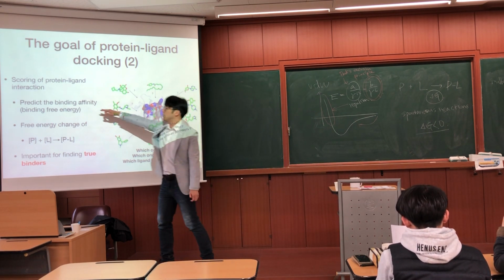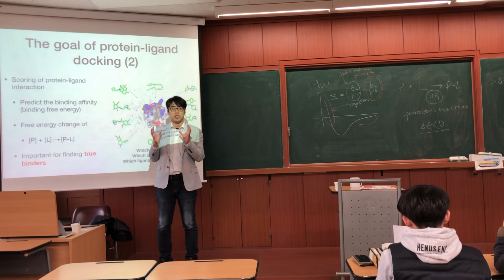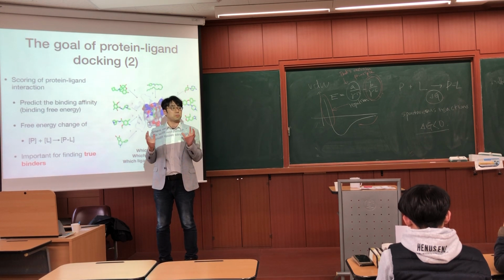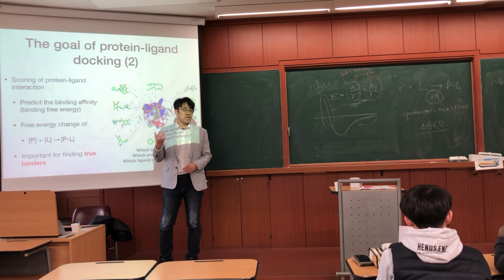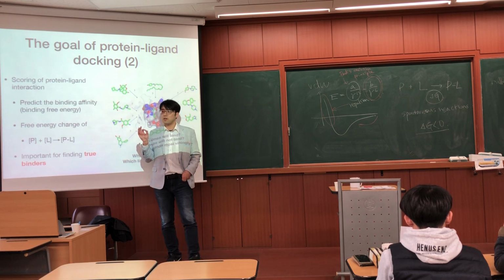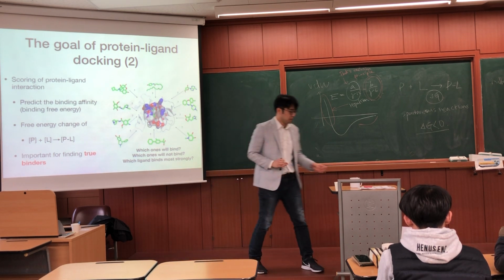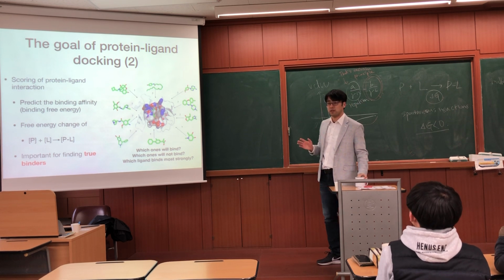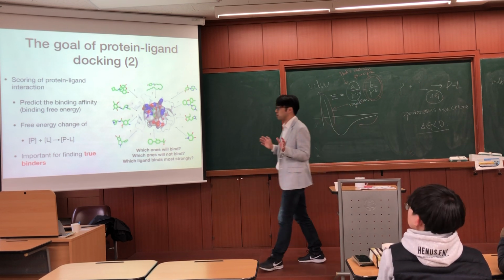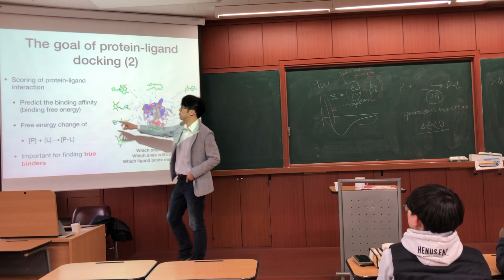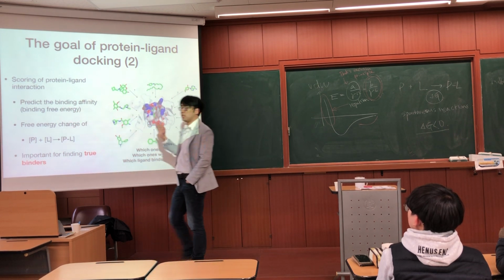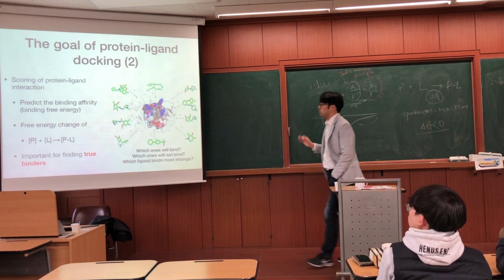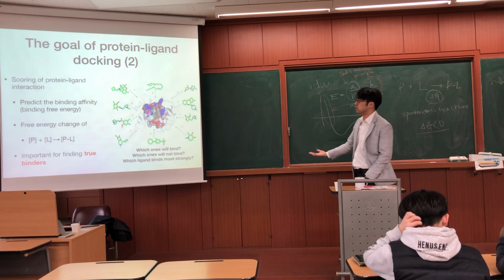So generally people want to predict without doing experiment. You can always do experiment, but experiment needs money and time of grad students, right? You don't want to do silly experiments all the time. So people want to predict the binding affinity using computer without doing experiment.